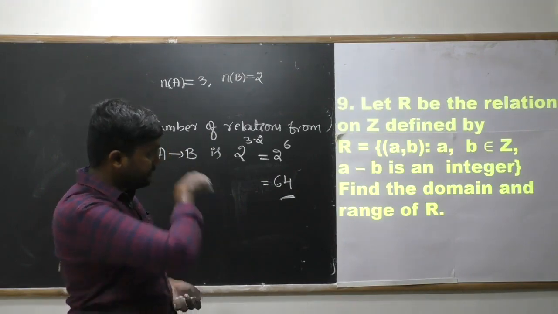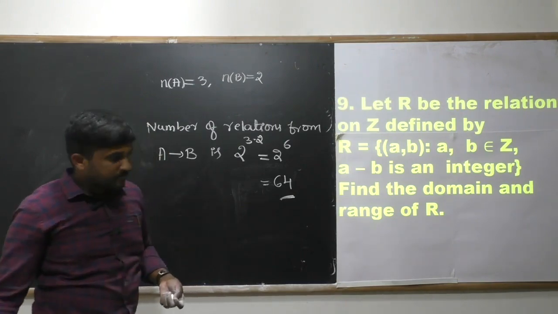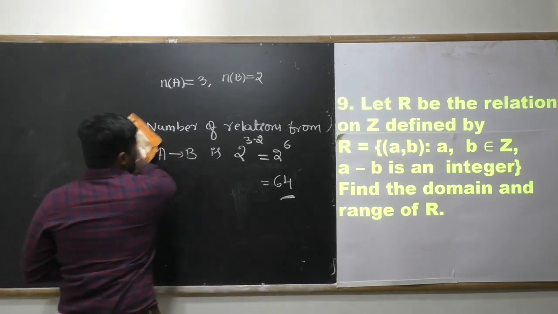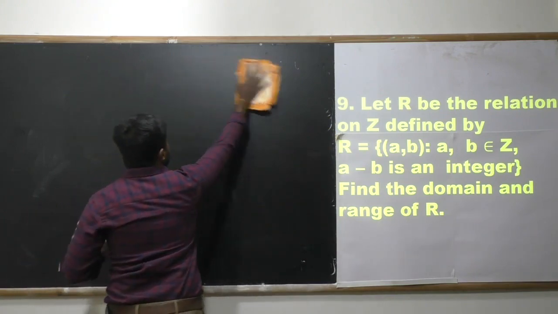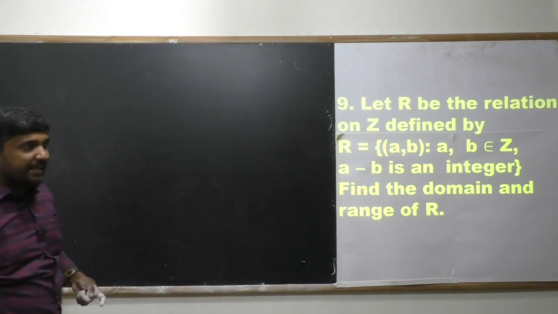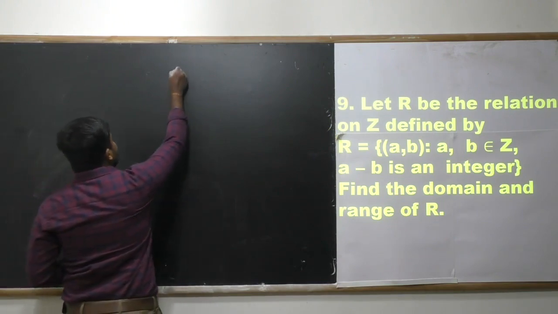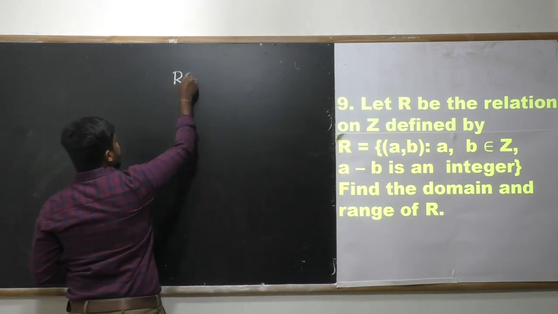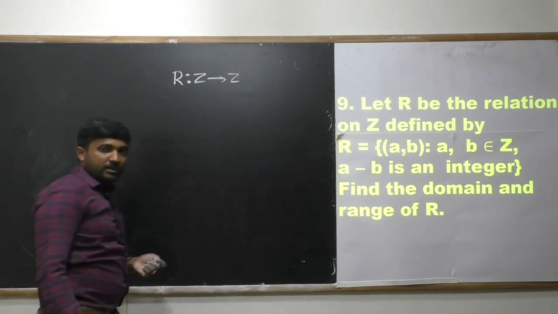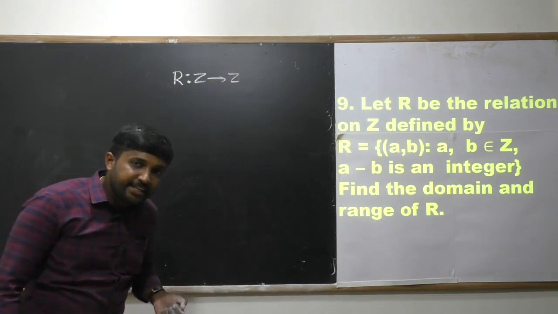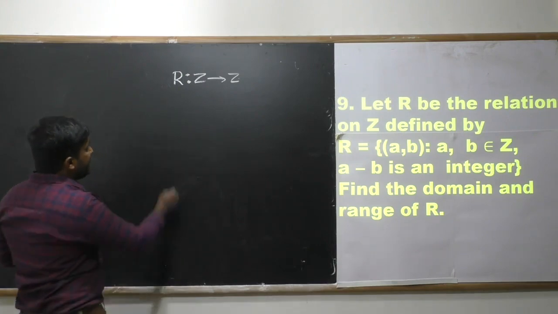Ninth one, let R be the relation defined on Z. R is a relation defined from Z to Z. Okay, Z means set of integers. How they defined R?